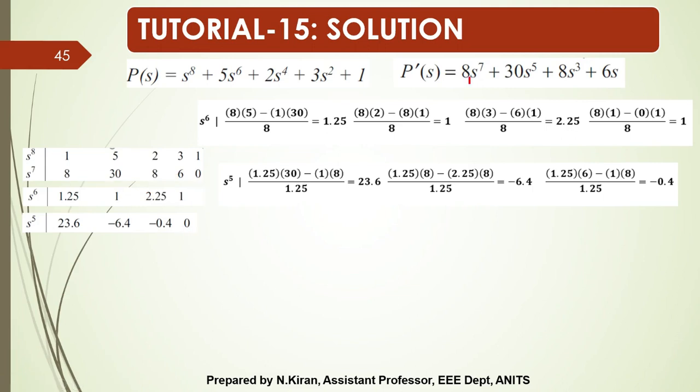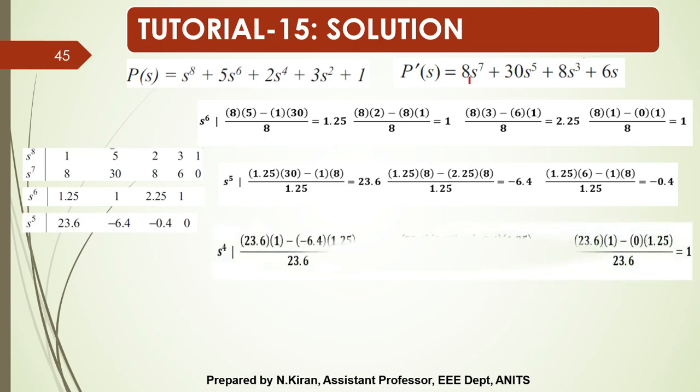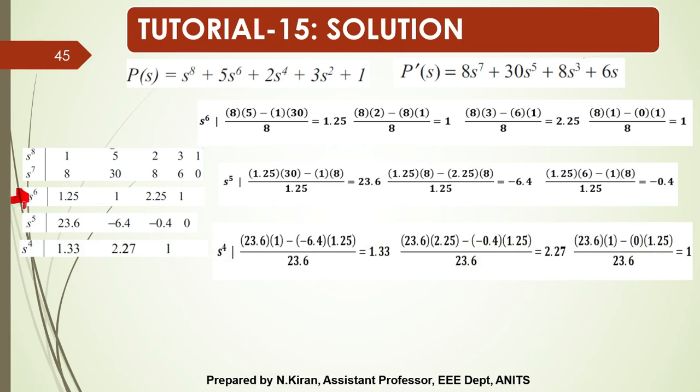So for the next S bar 4 row, the corresponding elements using the formula. Now I will consider S bar 5 and S bar 6 rows. So the first element can be obtained: 23.6 into 1 minus of minus 6.4 into 1.25 divided by 23.6 will give me the first element, which is 1.33.